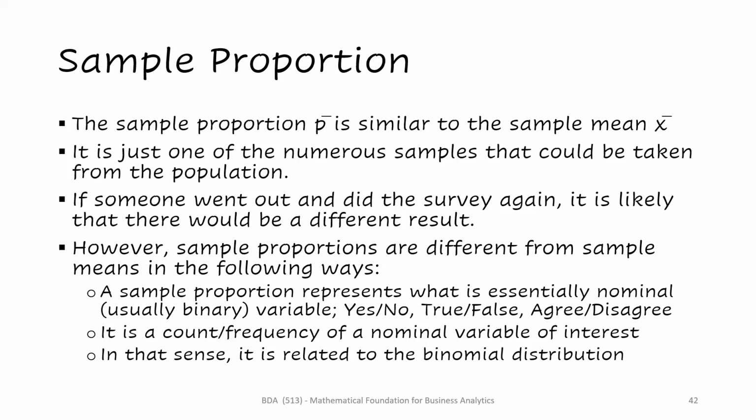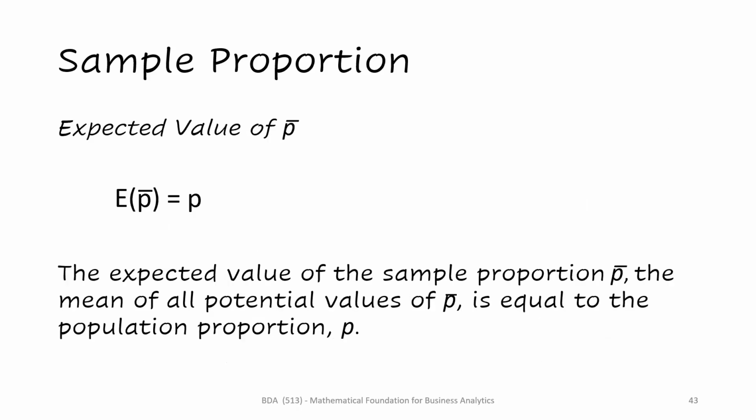So it is a count or frequency of the nominal variable of interest, normally related to the binomial distribution. So where you are dealing with a situation where you have yes, no, agree, disagree, true, false kind of scenarios, then we use more of sample proportion.